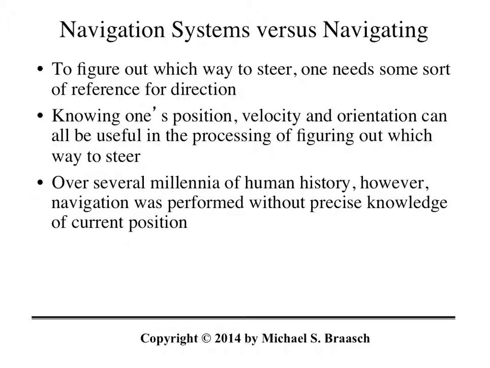And of course, nowadays what we have are navigation systems, and it can be a particular standalone unit in our car, or it can be an app on our smartphone. But for the bulk of human history, we performed navigation without having very precise knowledge of position.